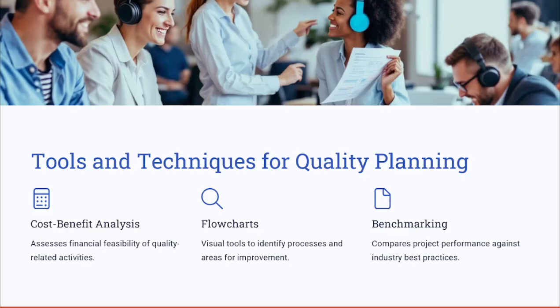Also, these are some of the tools that can be used in order to have good quality planning management. One of them is the cost benefit analysis. It's essential for determining the financial viability of the quality initiatives by comparing the cost of implementing quality improvements against the potential benefits.